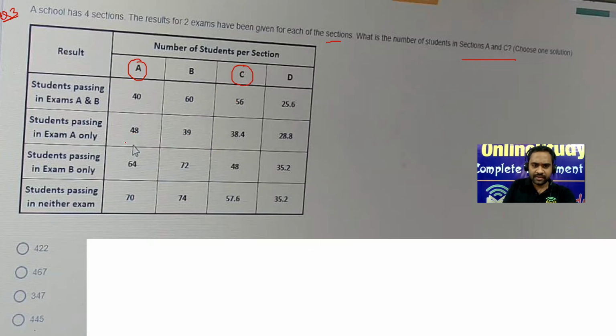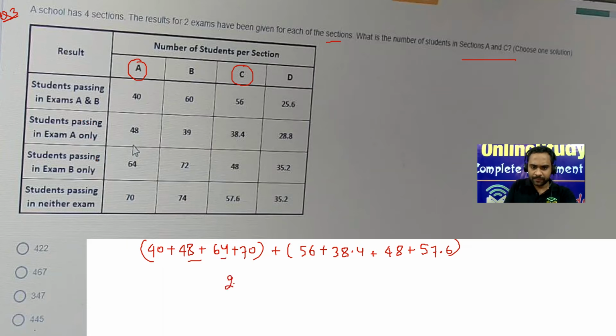So just add this: 40 plus 48 plus 64 plus 70 plus 56 plus 38.4 plus 48 plus 57.6. Okay, now I will add this directly here. 4 plus 8 is 12, and 8 plus 6, because 1 is in hand, is 14, 14 plus 4 is 18, and 18 plus 4 is 22.